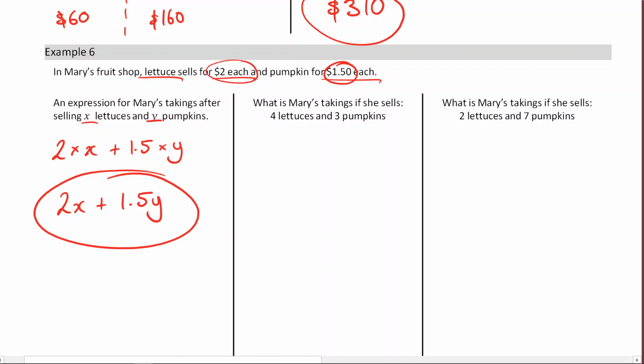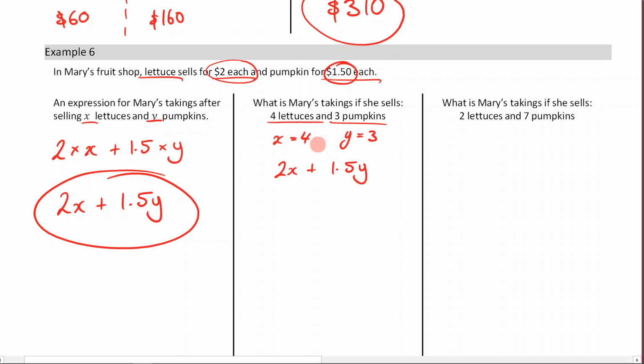So the next question says here, what is Mary's takings if she sells 4 lettuces and 3 pumpkins? So if she sells 4 lettuces, that means x is equal to 4, and if she sells 3 pumpkins, that means y is equal to 3. Let me write out the expression first.